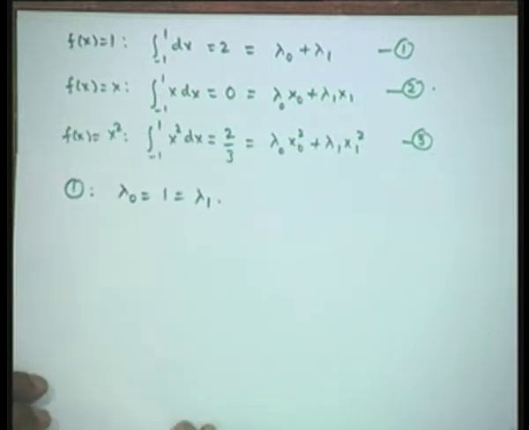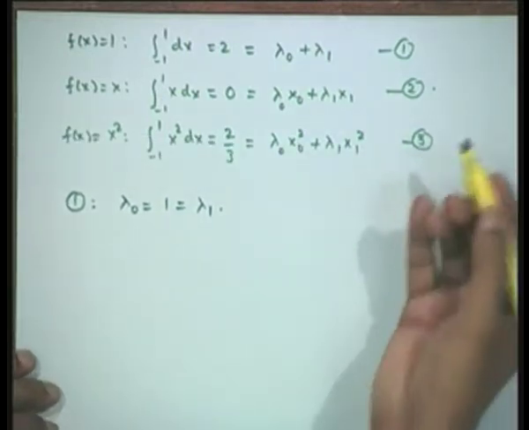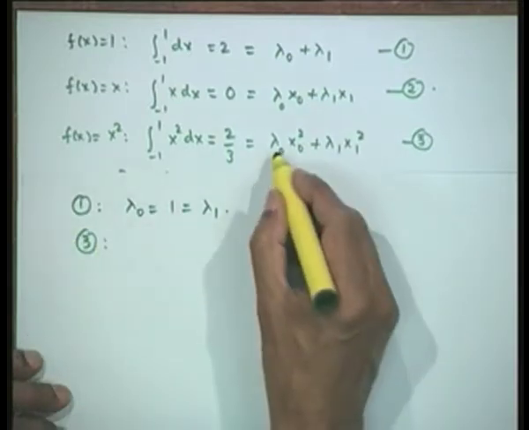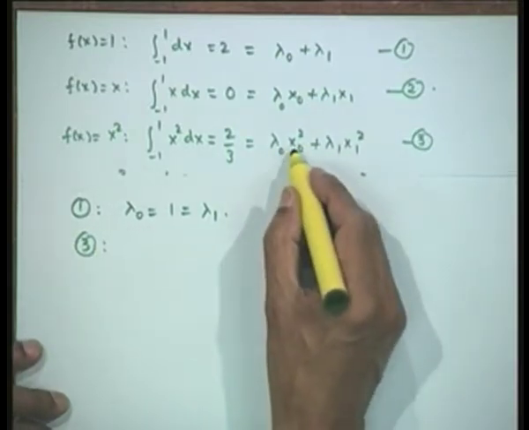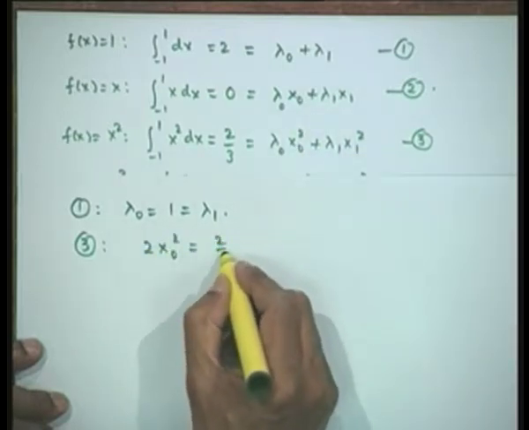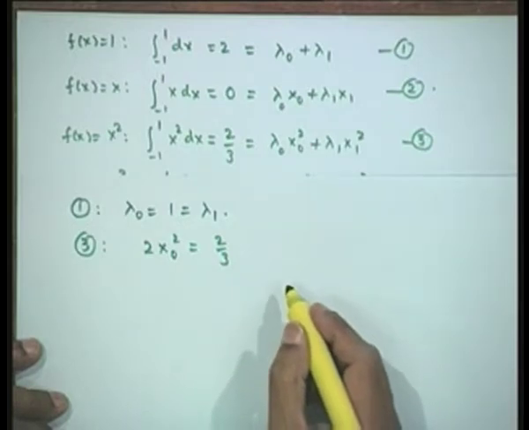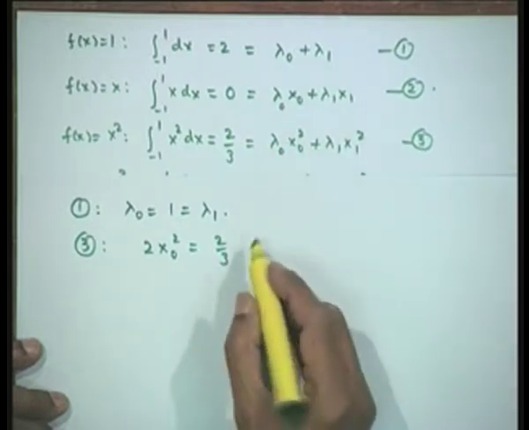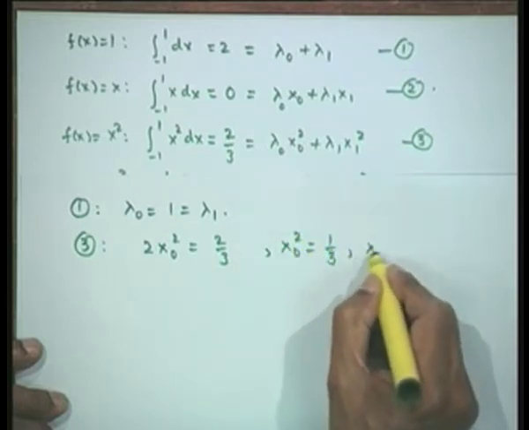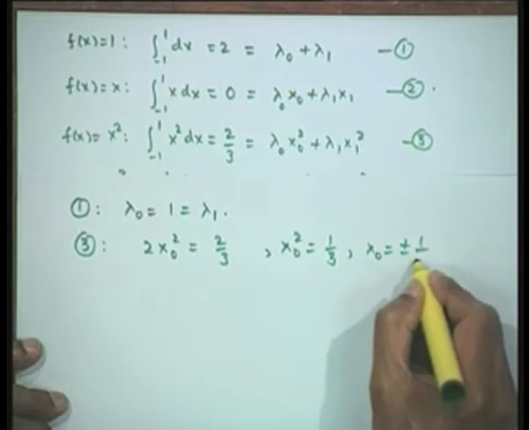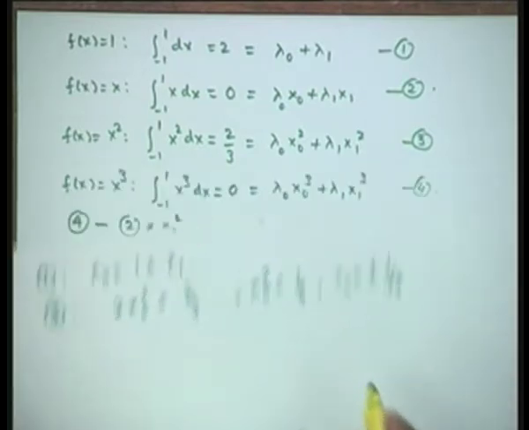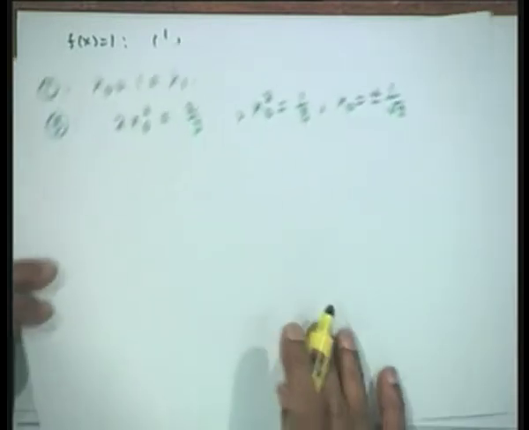Now, we can use equation 3. Since lambda 0 is equal to lambda 1 is equal to 1 and x0 is minus x1, I have simply twice x0 square is 2 by 3. So, I am just substituting in this. So, this gives you x0 square is 1 by 3, x0 is plus minus 1 upon root 3, and x1 is equal to minus x0. So, I will have the opposite sign.